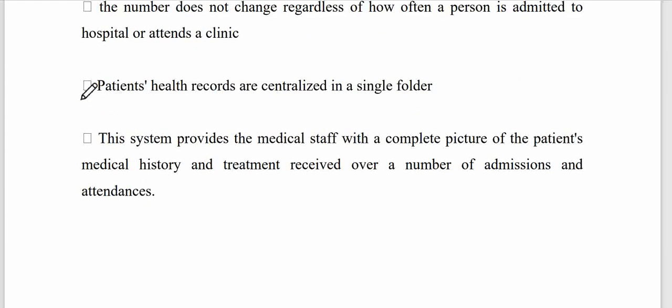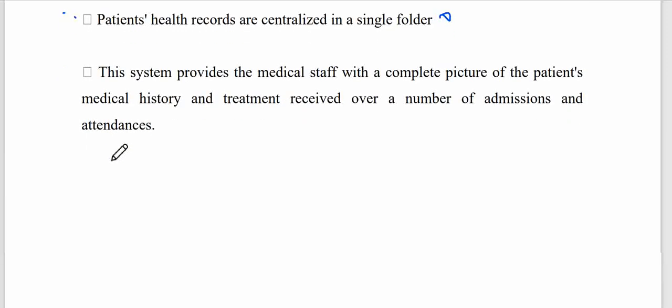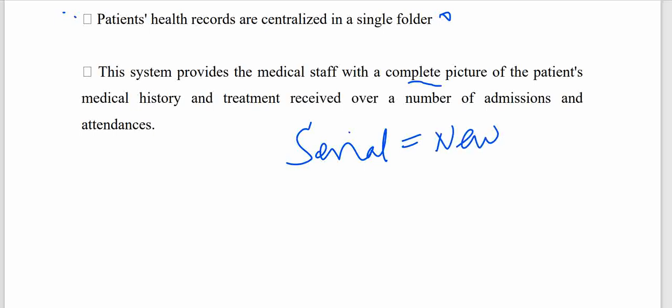Two, the patient health records are centralized in one single folder, which makes retrieval and management of those records easier. Another one, the system provides the medical staff with a complete picture of the patient's medical history and treatment received over a number of admissions and attendances. Now, the difference here is that for serial, imagine you give a new number every time, right?